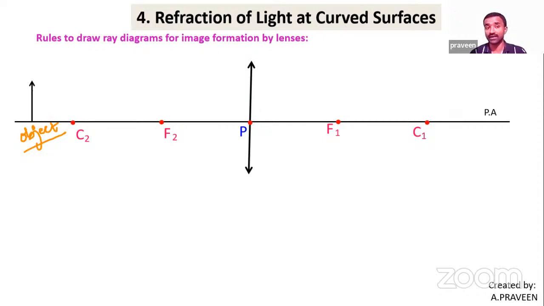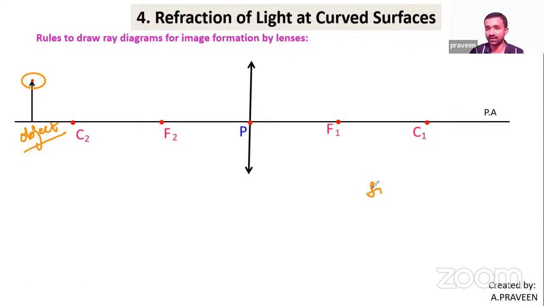Always the two light rays are selected from the same point, the top of the object. Which situations are possible here? The situations are parallel to the principal axis, along the principal axis, through the optic center, and passing through the focus. So the two light rays are fixed here.